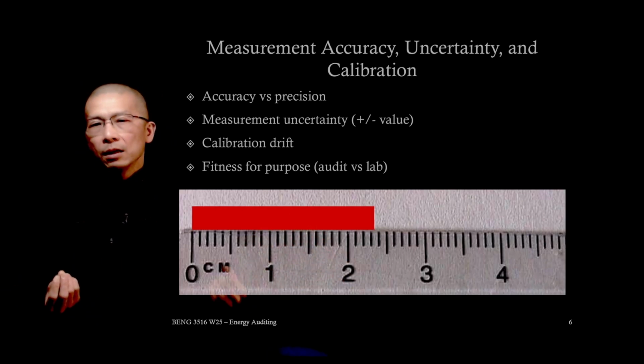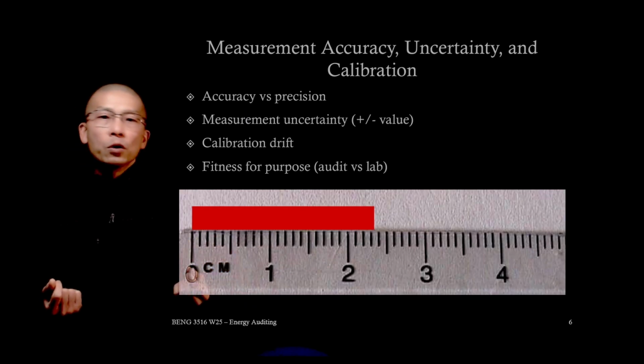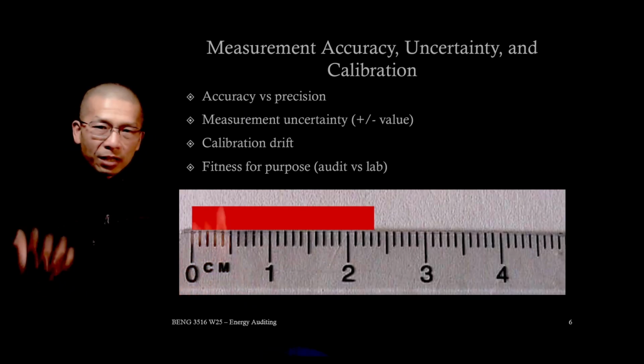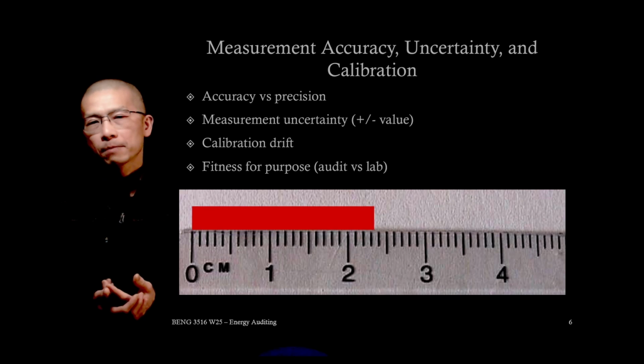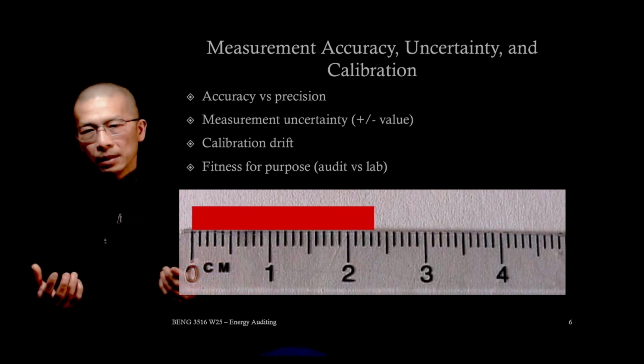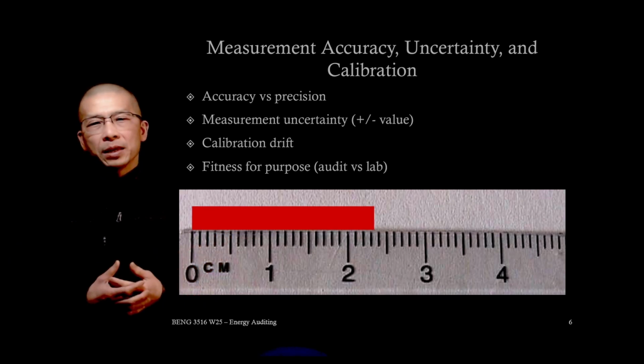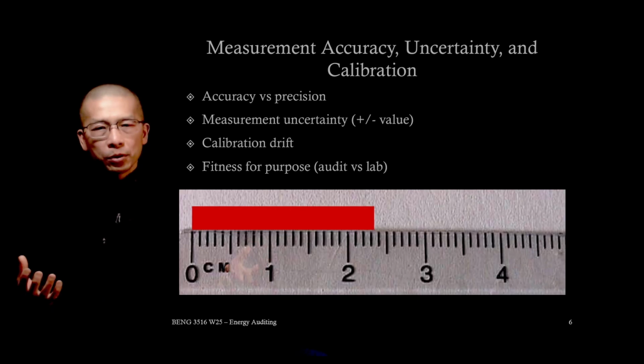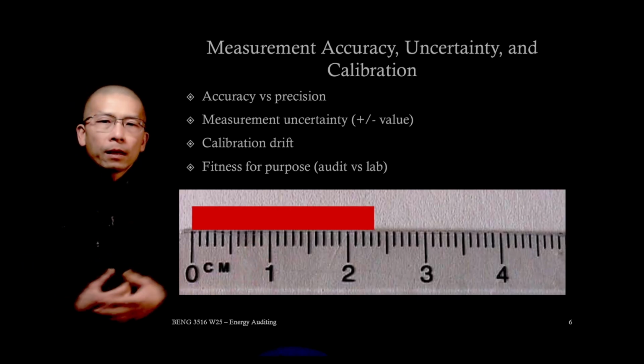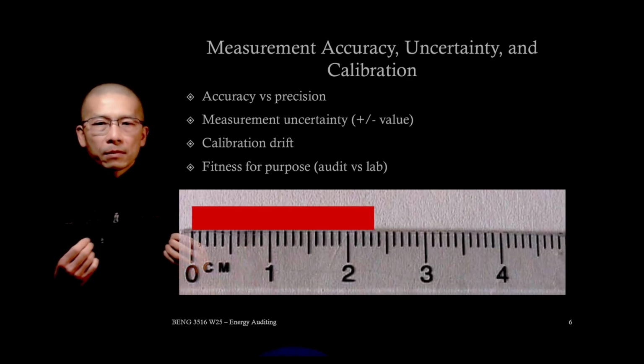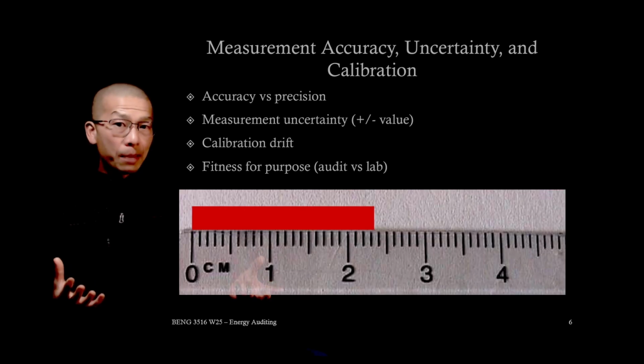For the auditor, even the most expensive infrared camera is useless if it hasn't been calibrated. As an example, how do we calibrate temperature?